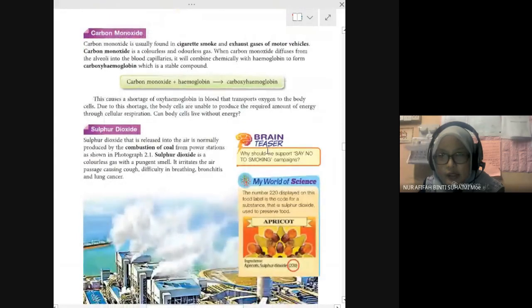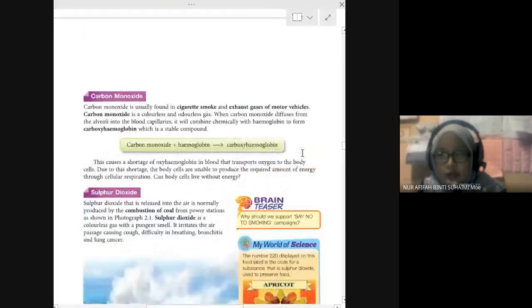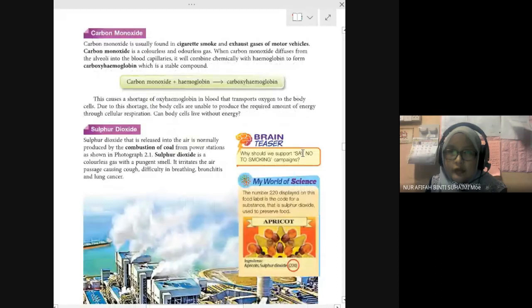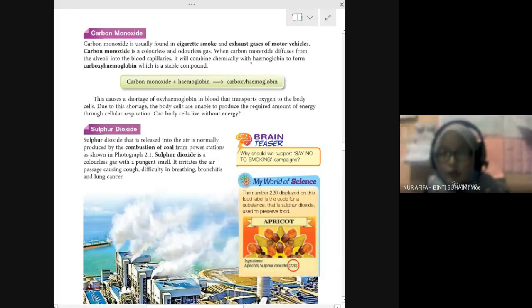Second substance, carbon monoxide. This carbon monoxide is usually found in cigarette smoke and also exhaust of vehicles. It is colorless and odorless, no color and no smell. When this carbon monoxide is inhaled into your lungs, it will combine with hemoglobin in the red blood cell, in the blood capillary.